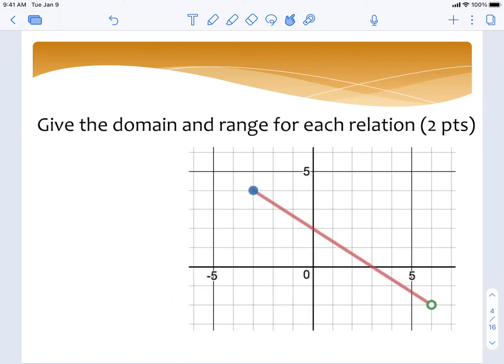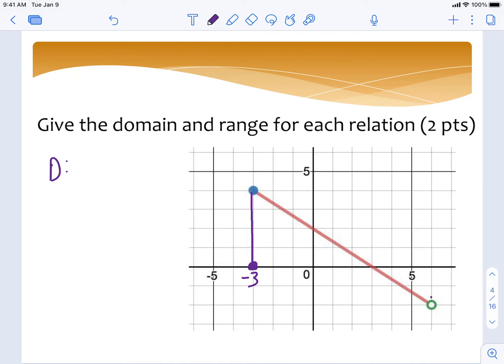All right, domain and range from a graph. For this one, we're still talking x values for the domain. The way I like to think about this is, what is the furthest left that the graph goes, and where does that correspond to the x-axis? What is the x value of that? In this case, it would be -3, and I'm putting a solid circle because it's got the solid dot.